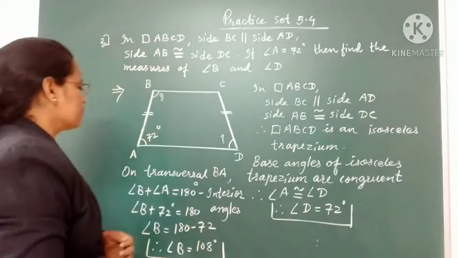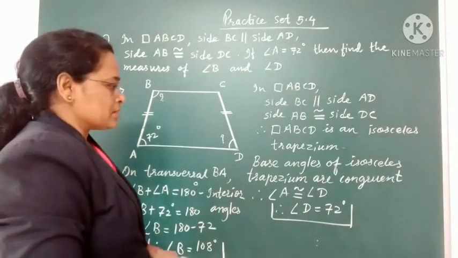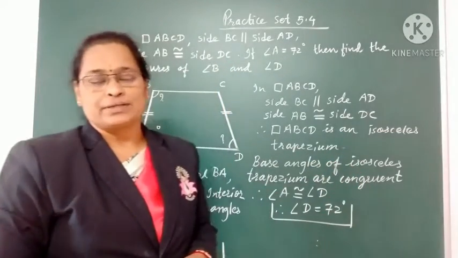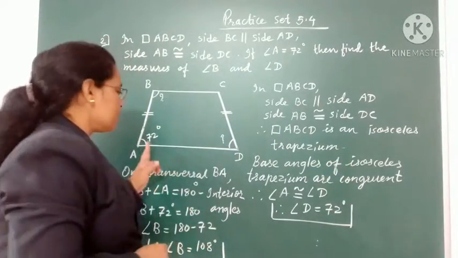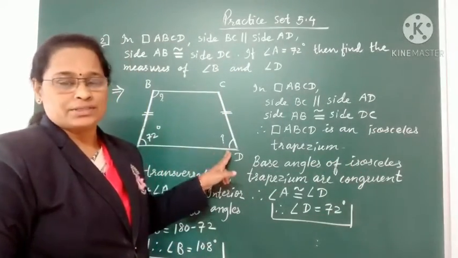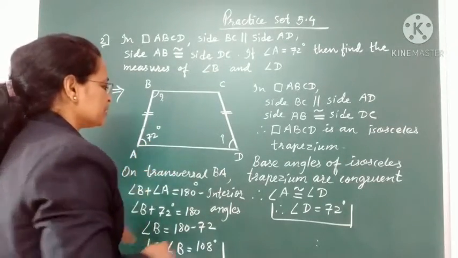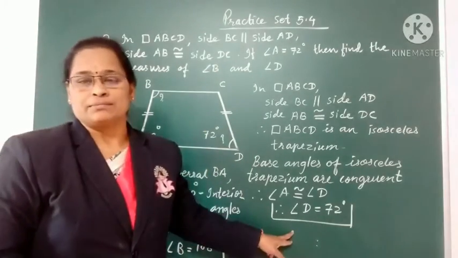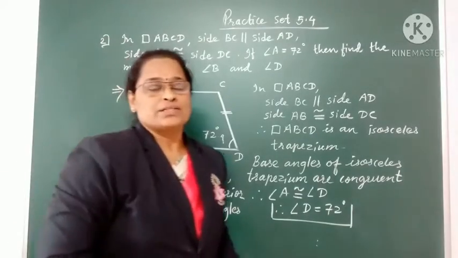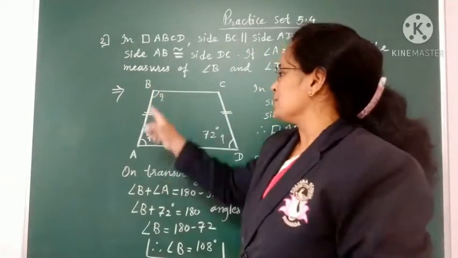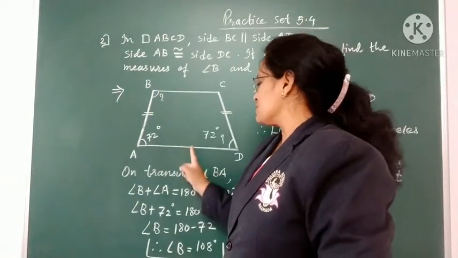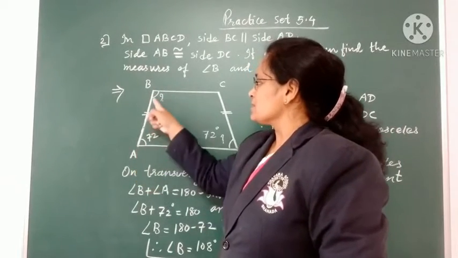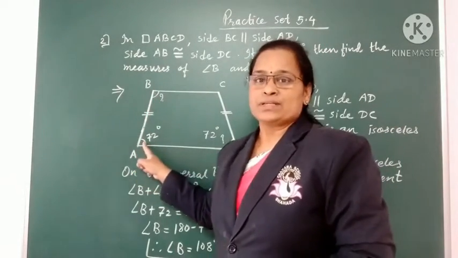So we can use the property of the isosceles trapezium, that base angles are congruent. So angle A and angle D are congruent to each other. The measure of angle A is 72 degrees, so the measure of angle D is also 72 degrees. Next, to find the measure of angle B: side BC is parallel to AD and on the transversal BA, angle B and angle A are interior angles.